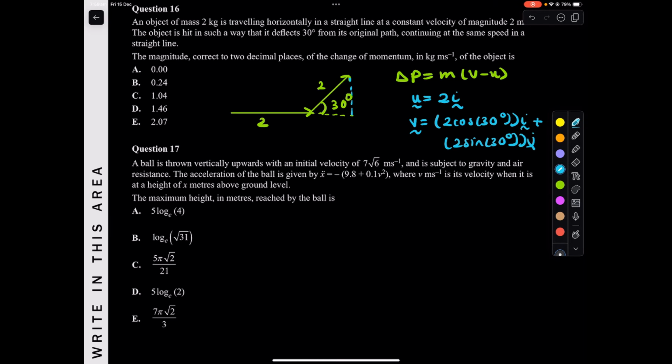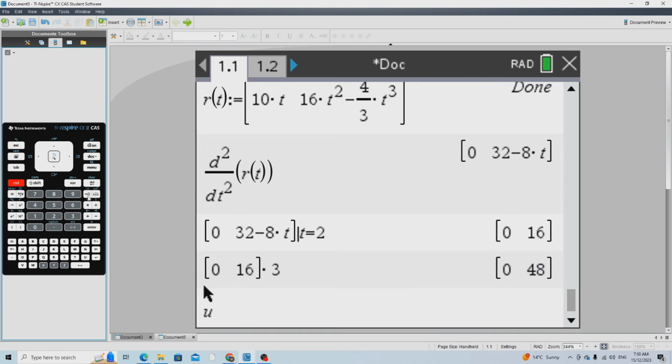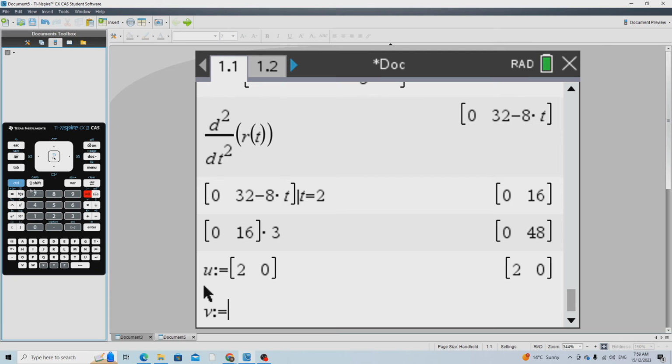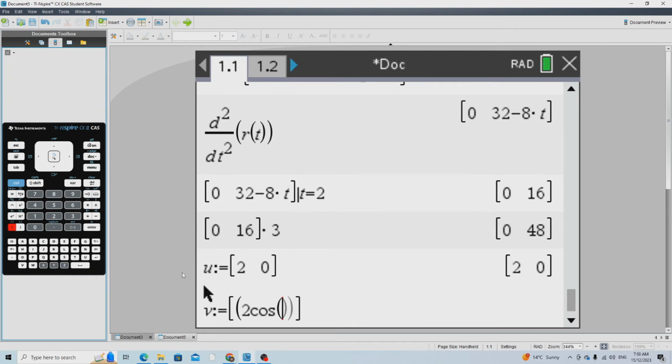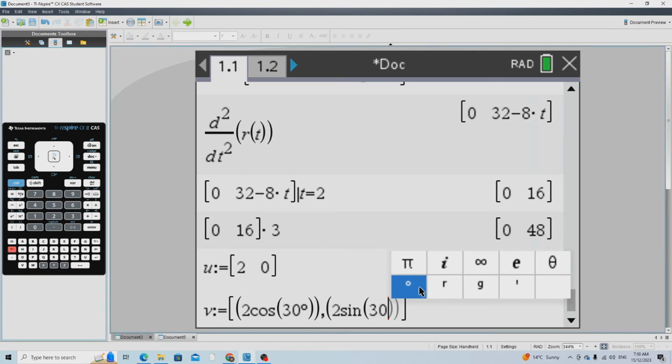Now let's do it in our CAS. Let's define U, your initial velocity, as 2, 0, and your V as 2 cosine 30 degrees, comma, 2 sine 30 degrees. Done.